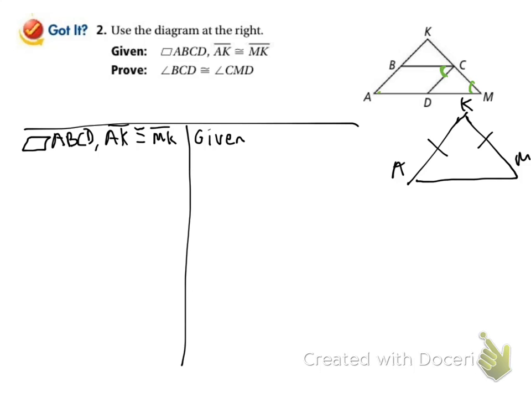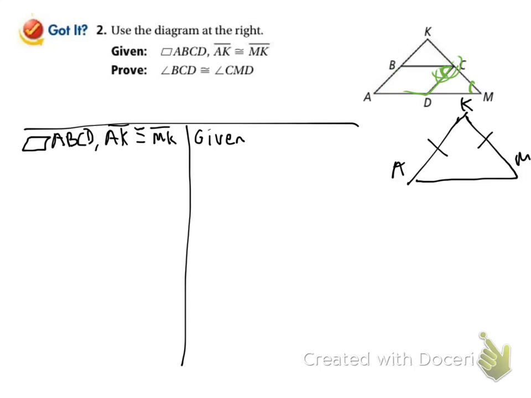I know that ABCD is a parallelogram. So then I would be allowed to say that this angle C is congruent to this angle A because opposite angles are congruent. So theorem 6.5. And then I could jump to proving that this guy here is congruent to this one down here.